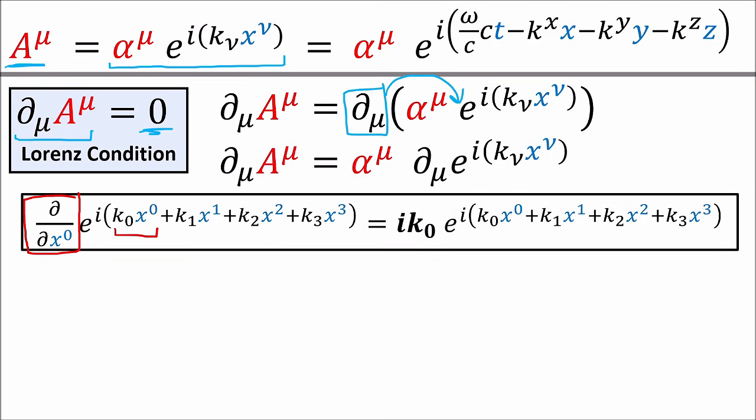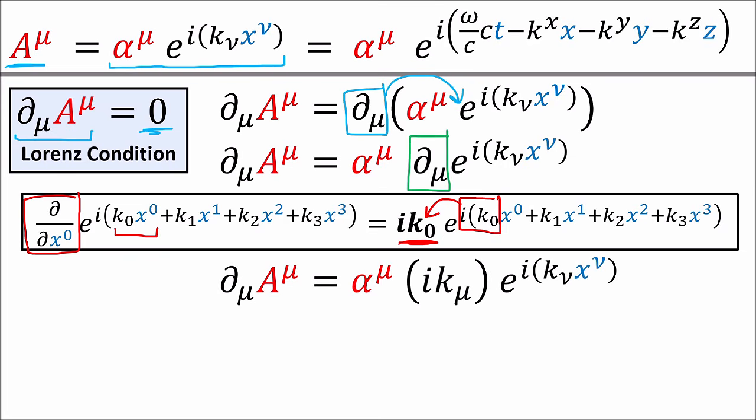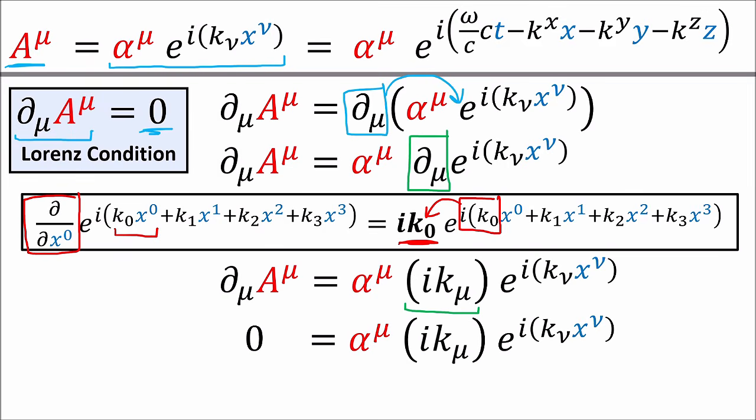And so we get a chain rule term of i k sub 0 out in front. More generally, this derivative in the mu direction will give us a chain rule factor of i times k sub mu out in front. And since the Lorenz condition says this is all equal to 0, we can cancel the complex exponential and get this relationship between alpha and k.